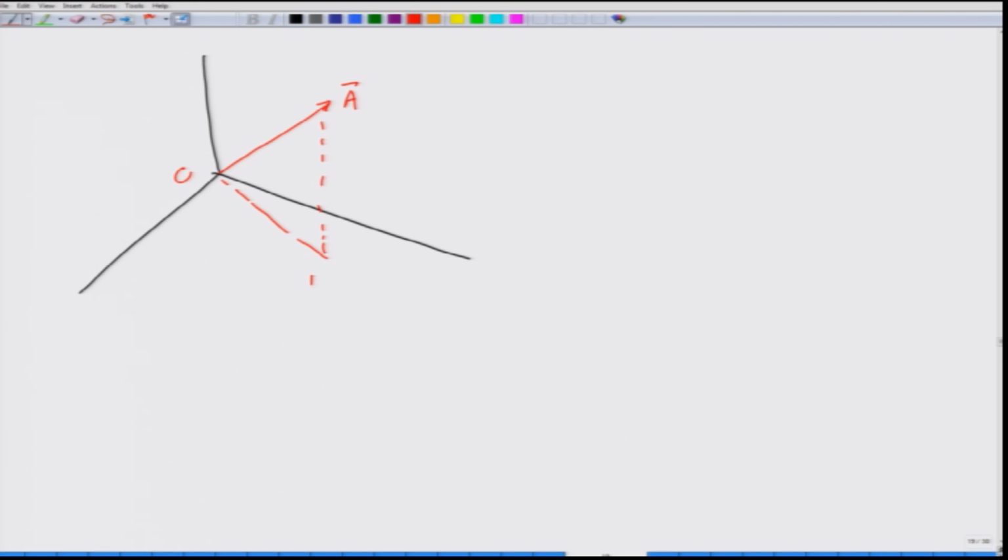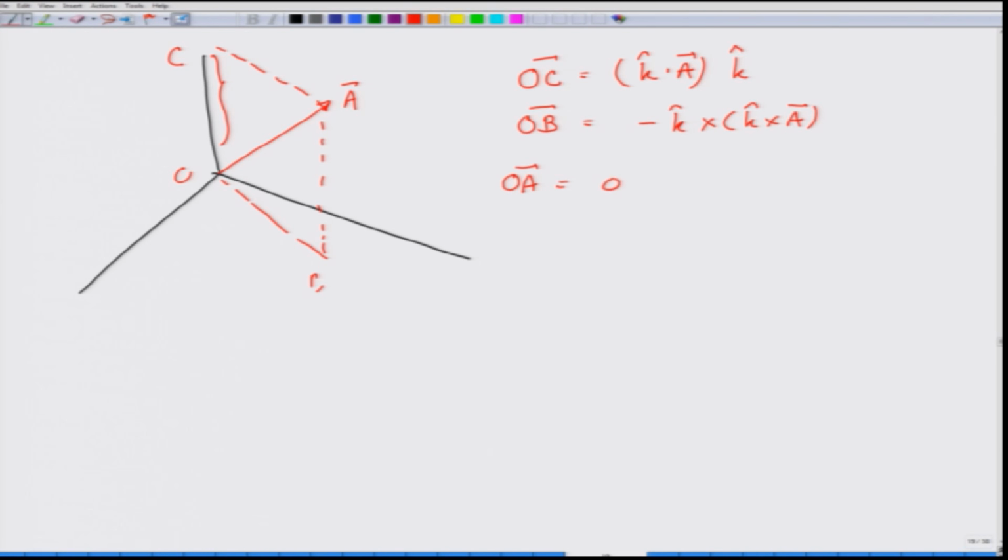So, this becomes OB, I am throwing light parallel to this projection, this becomes OC. OC is nothing but k dot A. This is nothing but OA sin theta in the direction k, and OB we have just shown is nothing but minus k cross A, and OA is nothing but OB plus OC.